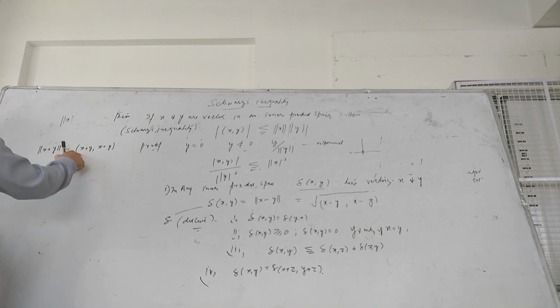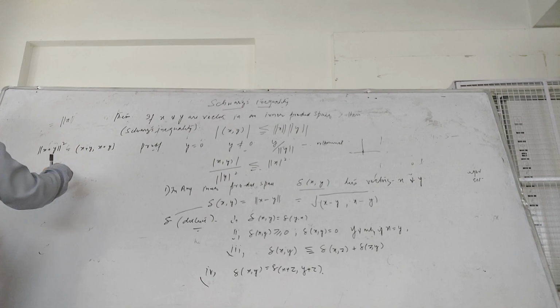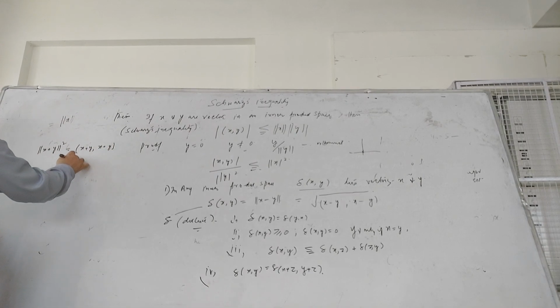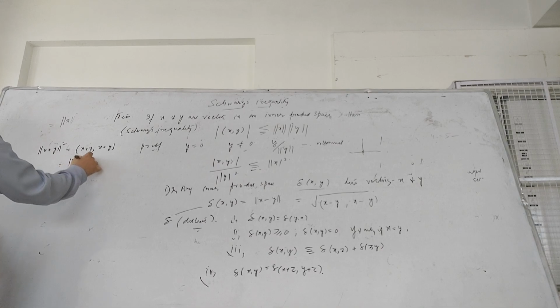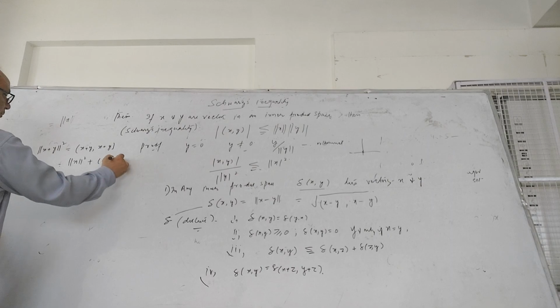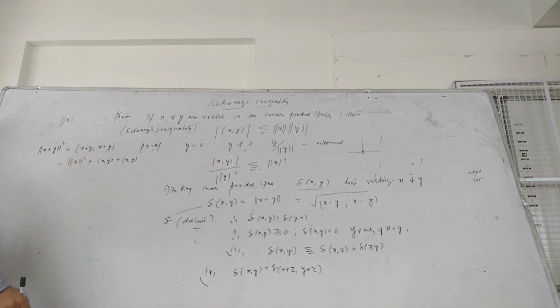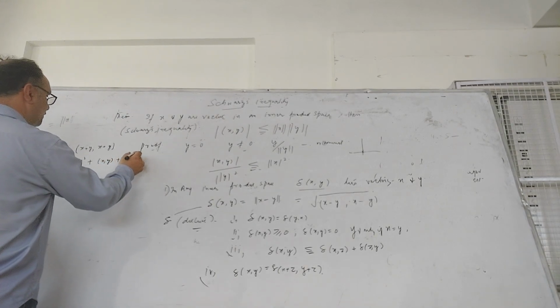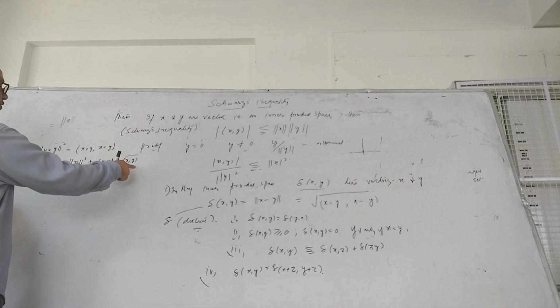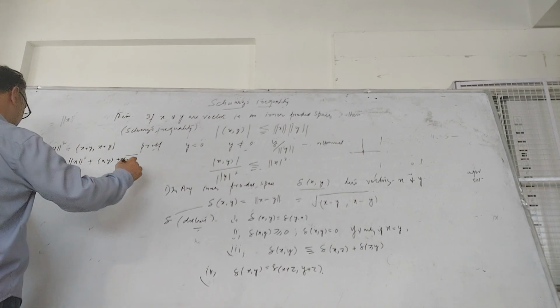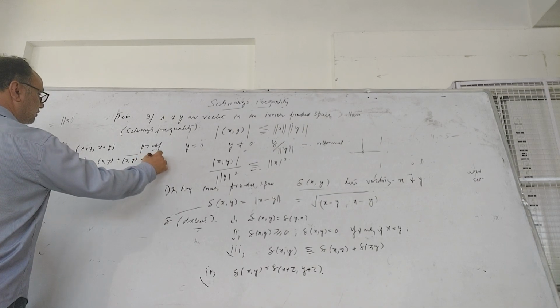Now you can write it individually: the modulus of x squared, the inner product of x and y, the inner product of y and x, which is the complex conjugate of the inner product of x and y, and the modulus of y squared.